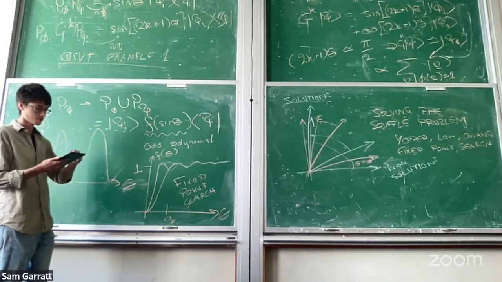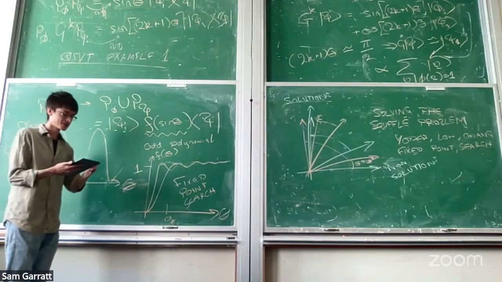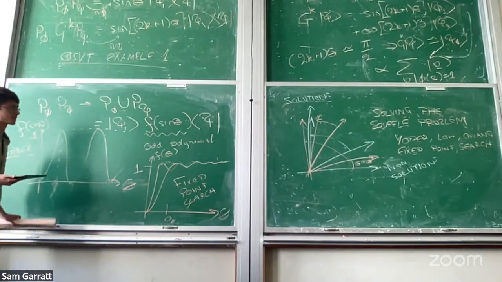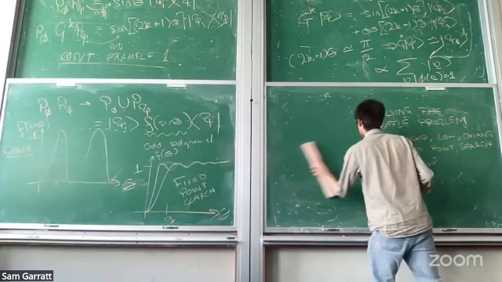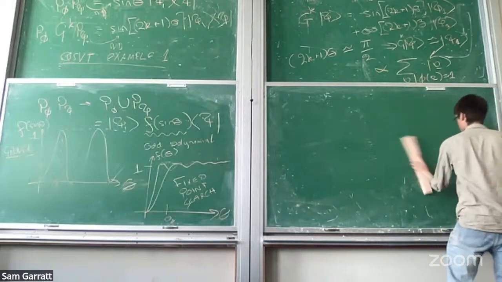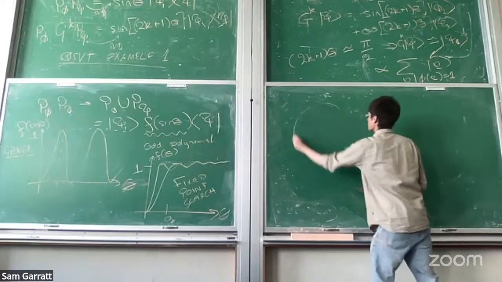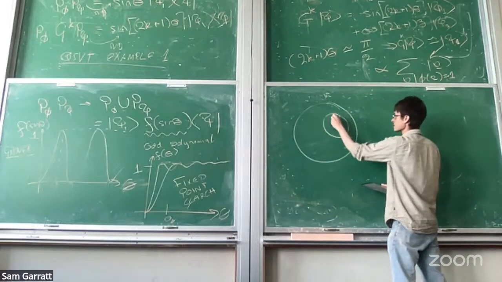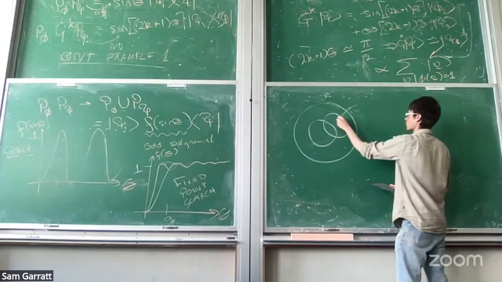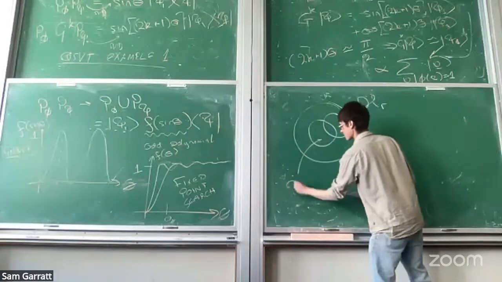Okay, so now let's get even more abstract. What does quantum singular value transformation allow you to do? Let's imagine we're dealing with some n-qubit system, some huge Hilbert space, and let's define two subspaces, which are called the right subspace and the left subspace.